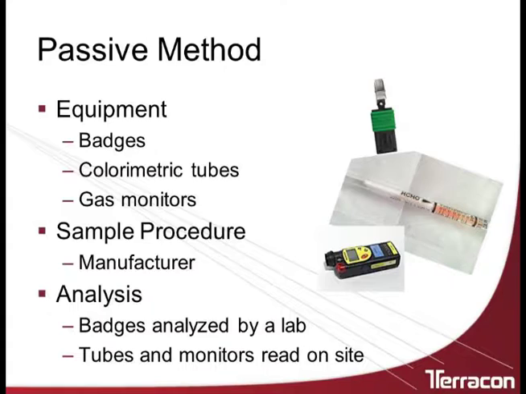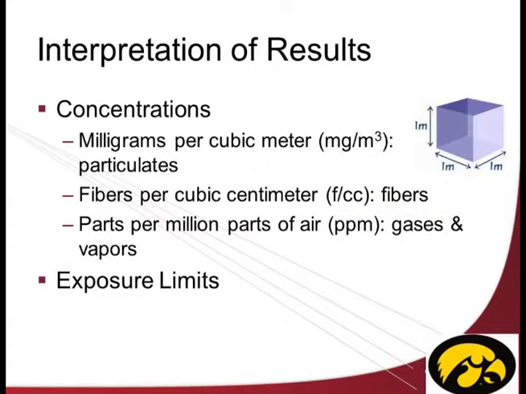Once you get those results back from the laboratory, now you have to interpret what it all means. Typically they will provide you with a result in a concentration unit. Those concentration units for particles are typically milligrams per cubic meter. If they're fibers, they would be fibers per cubic centimeter.